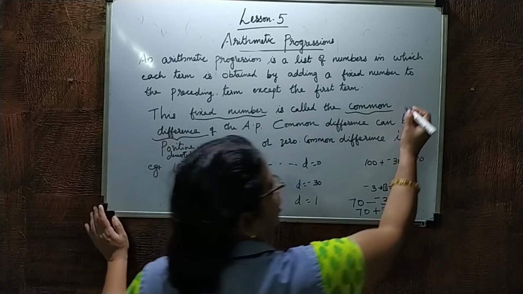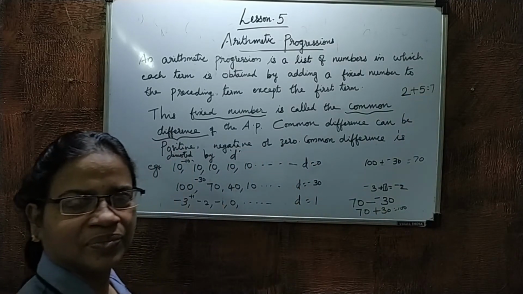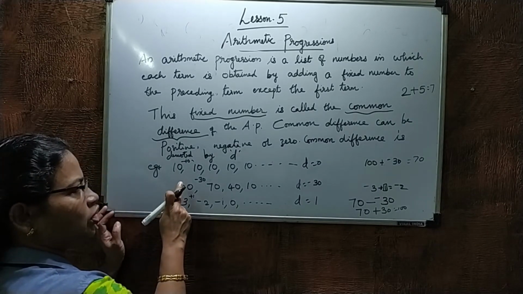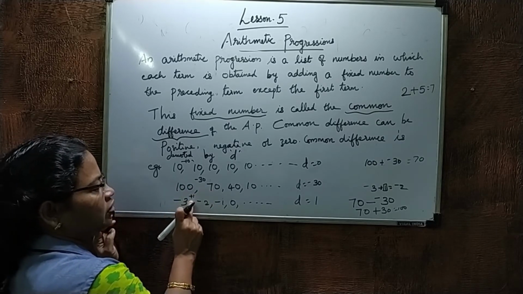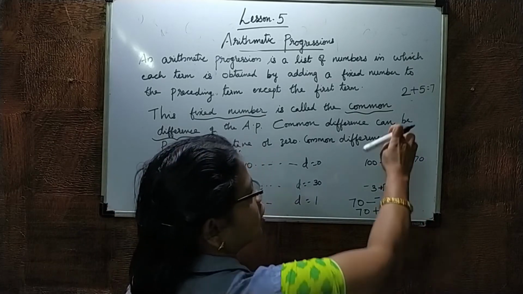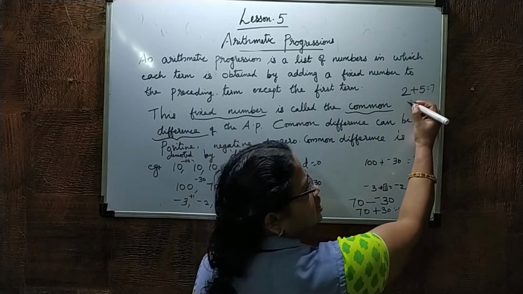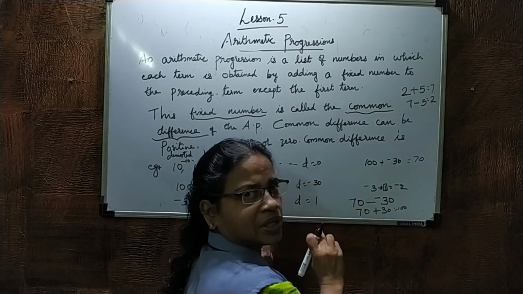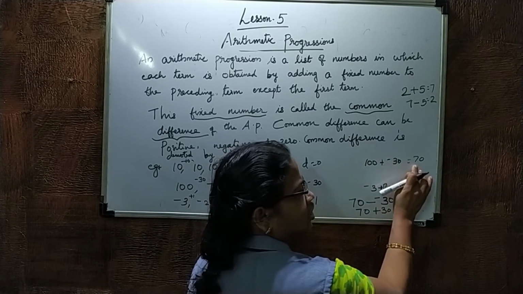Now look, here it is 2 plus 5 equal to 7. Right? Yes or no? Yes. So here also I told you it is 100 plus negative 30, or plus 1, negative 3 plus 1 is negative 2. So here 2 plus 5 is equal to 7. Again what we can write then? It is 7 minus 5, we can write it as 2. Same way, here 100 plus negative 30 is equal to 70.